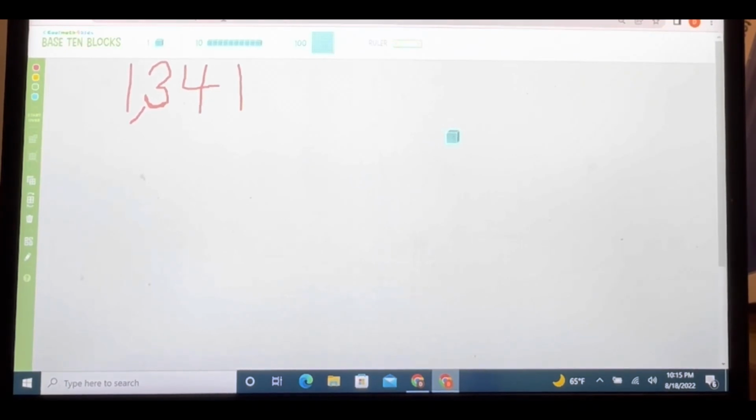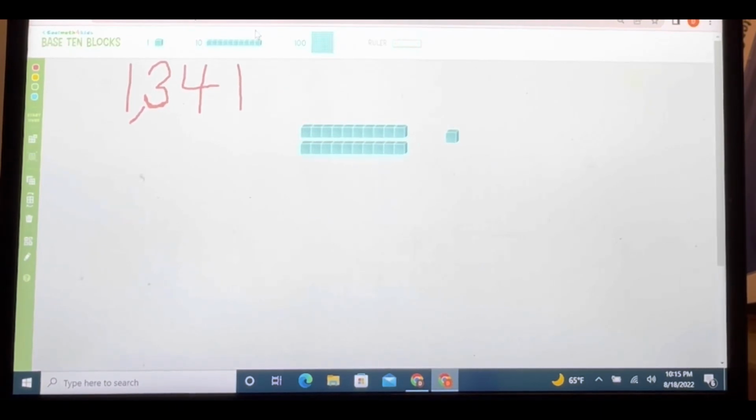All right, 4 tens, so I'm going to take out my 4 tens. I'm going to count by tens as I'm taking out my tens blocks. 10, 20, 30, 40. So I have my 4 tens and I have my 1 one.